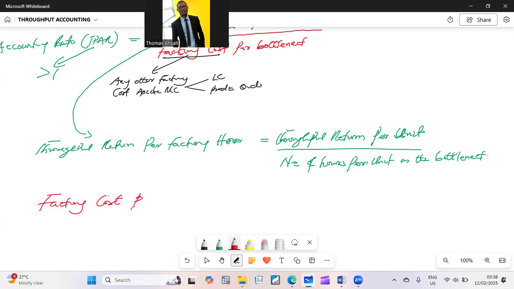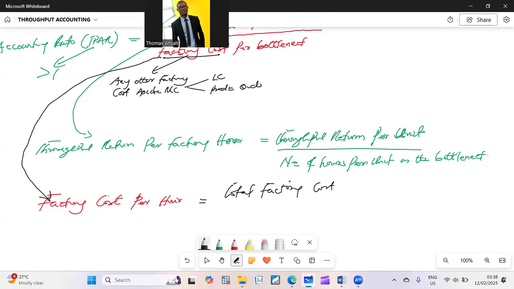And don't forget, these are all in relation to the bottleneck, because throughput is all about the bottleneck. This is obtained by the total factory cost divided by the total hours available in the bottleneck.